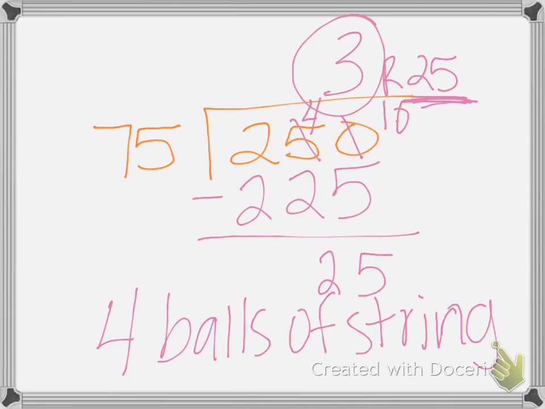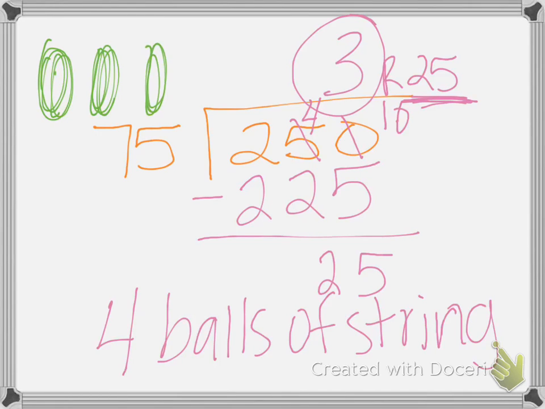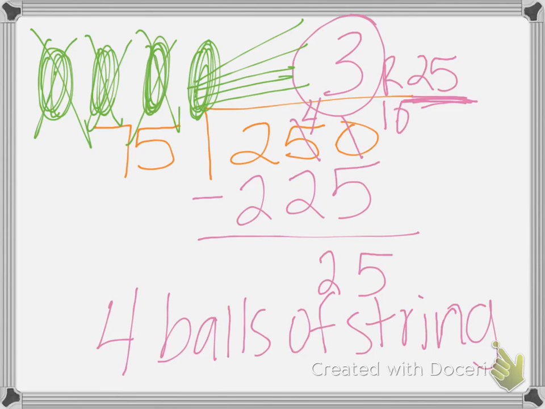So in this problem that we just did, we know here's 3 whole balls of string. We used all of those. We have to buy 4 because we need to get 25 strings out of this one, but we're not going to use the whole thing. We're going to use all of those though.